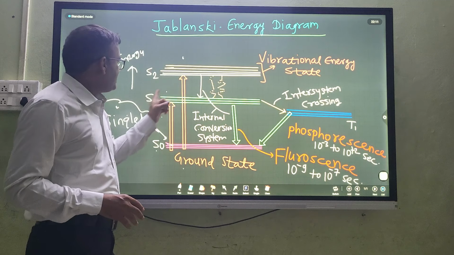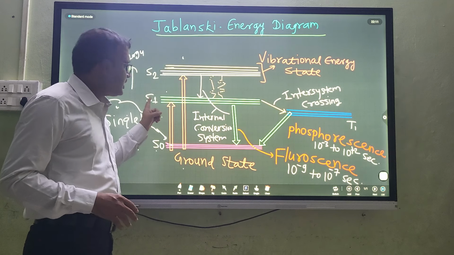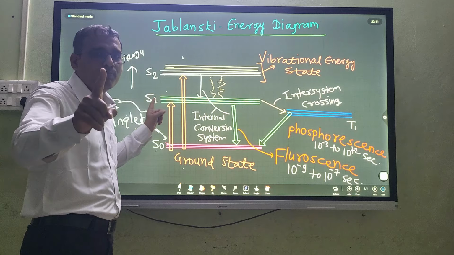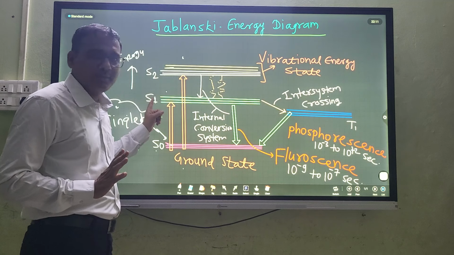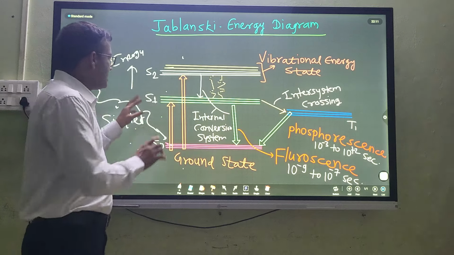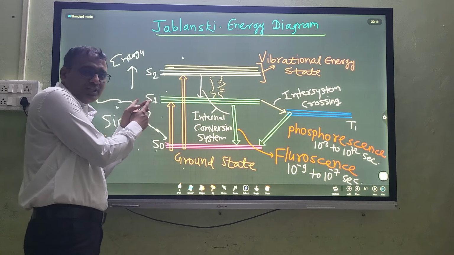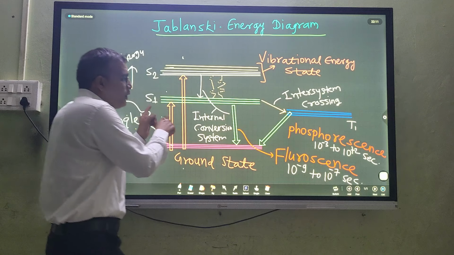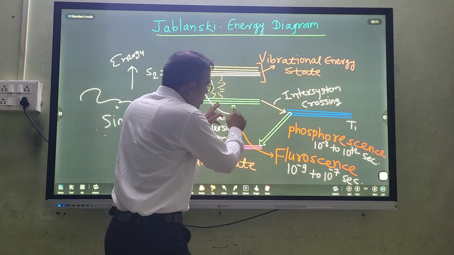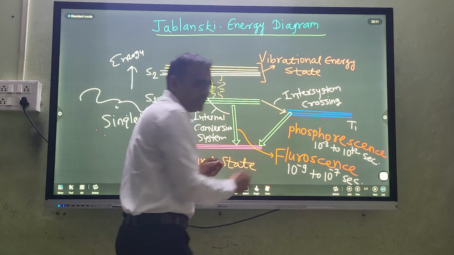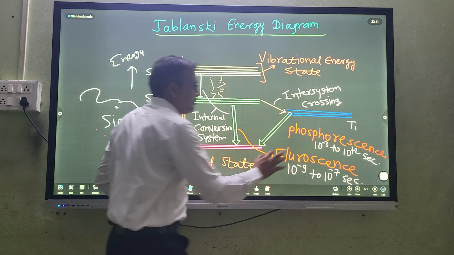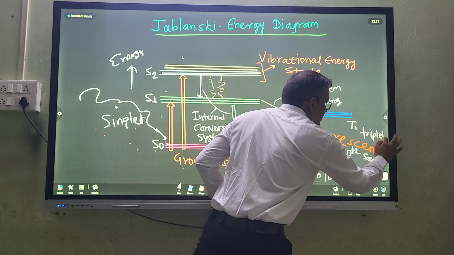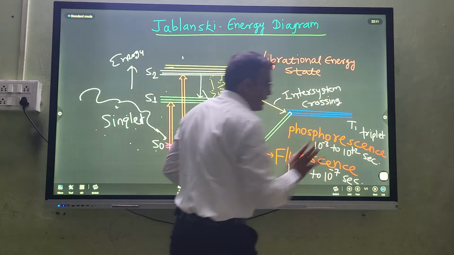Now, this S1 state, or singlet S1 state, is very important in photochemical reactions. In this case, what happens? The electrons are unpaired. Singlet has paired electrons, and when they go to the T1 state, it is a triplet state.